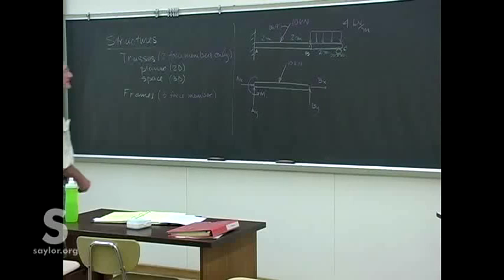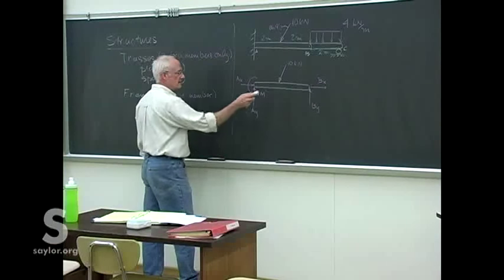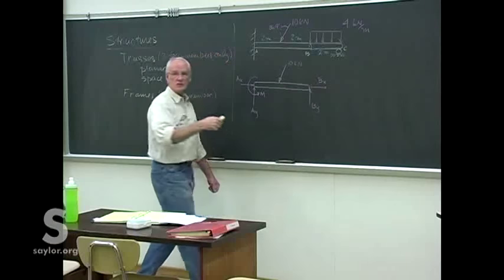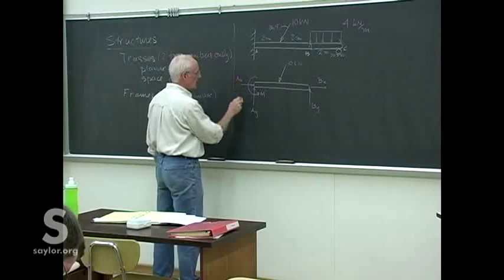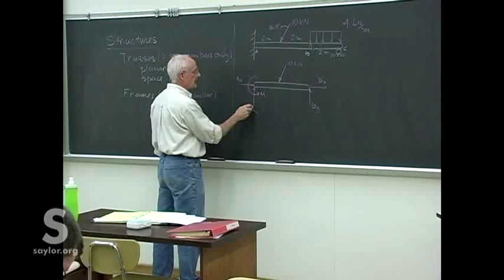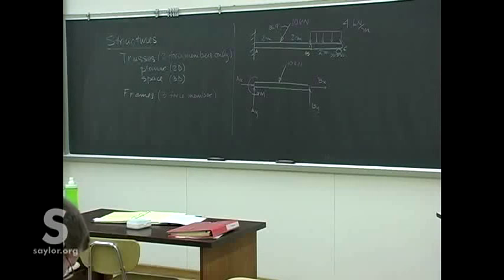Yes, Chris is right. We don't know either of those. The B, either the 2 components or the magnitude and direction. It's the same thing either way. We don't know anything about the support A, and we don't know the moment M. So that's 5 unknowns. So no great sense in writing out the equations. We're not going to be able to solve this system. We have 5 unknowns, 3 equations.